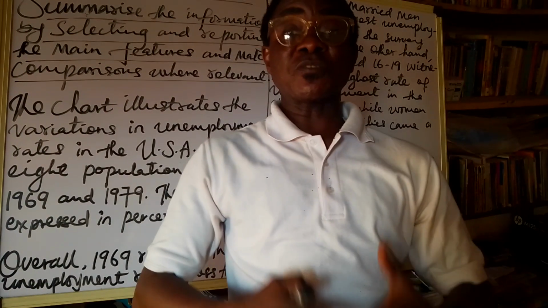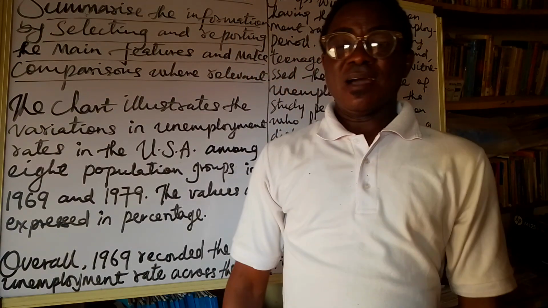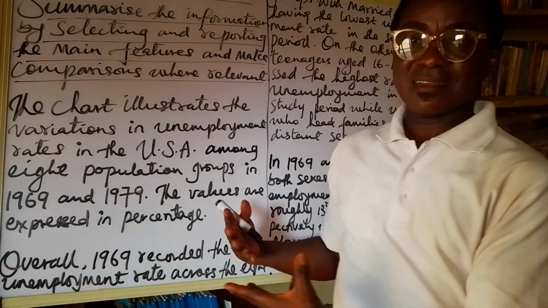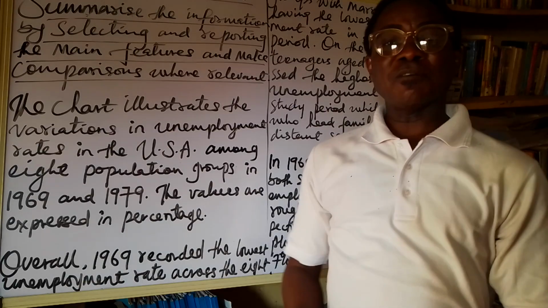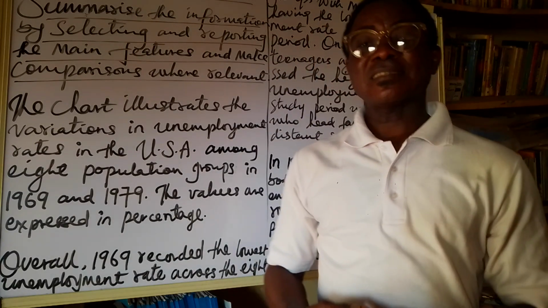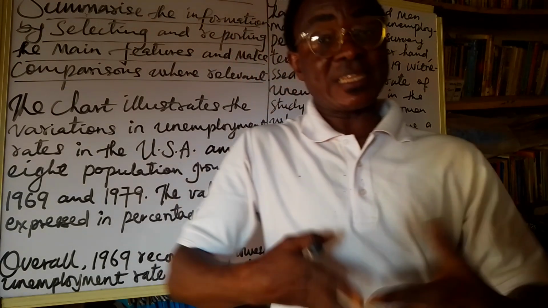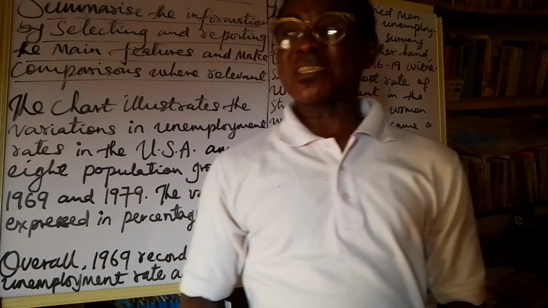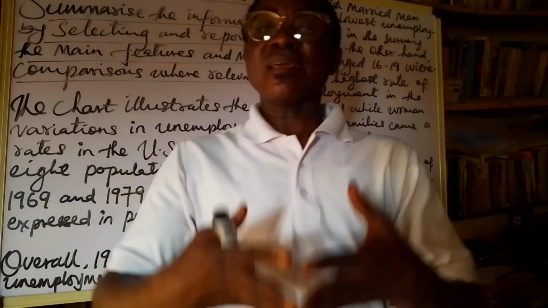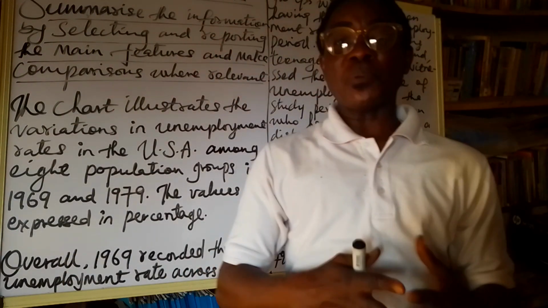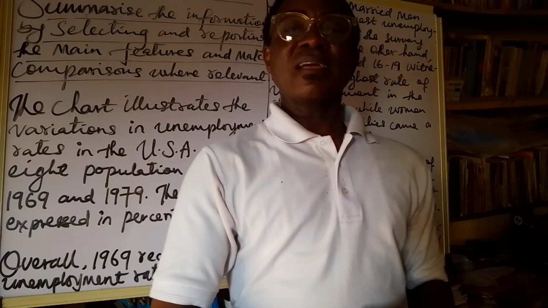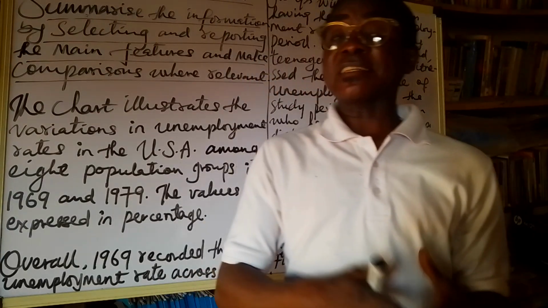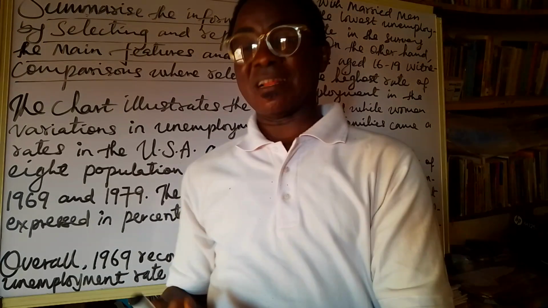This is Alfonso de Rocha tutorial, and in case you were part of our last video, what we have today is the written analysis of the bar chart that we discussed orally in our last video. That bar chart measured the variations in unemployment among 8 groups in the population of the USA in 1969 and 1979.